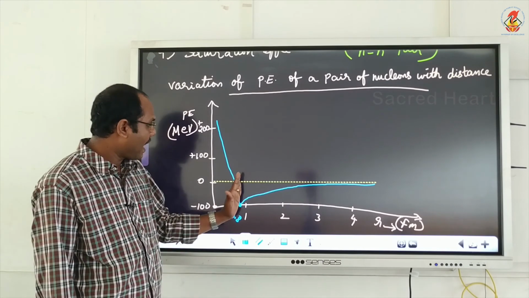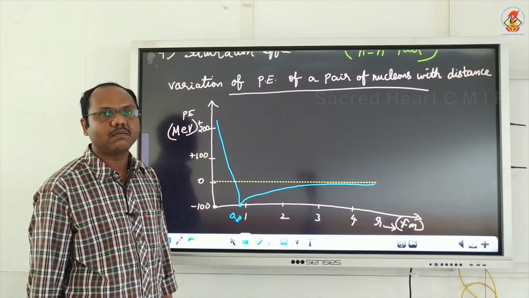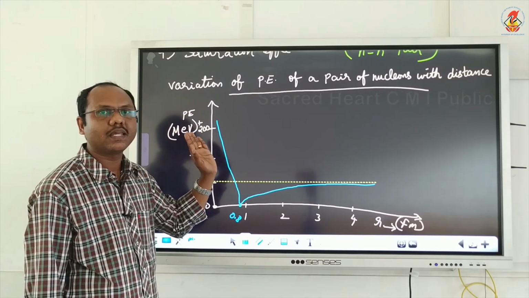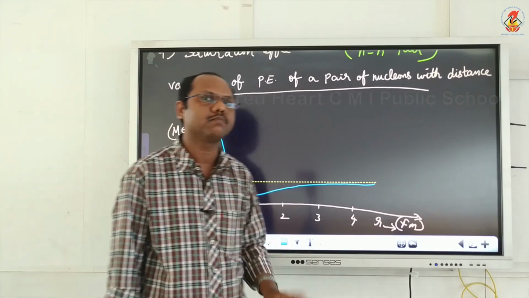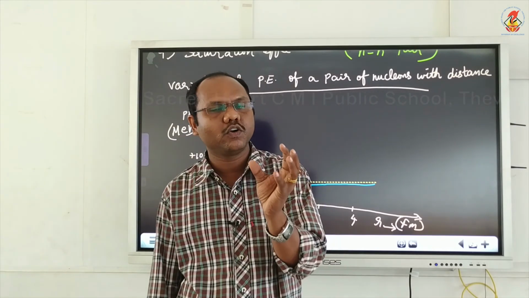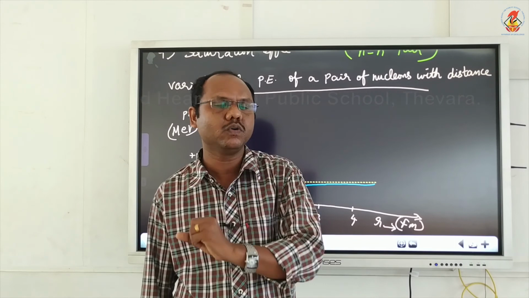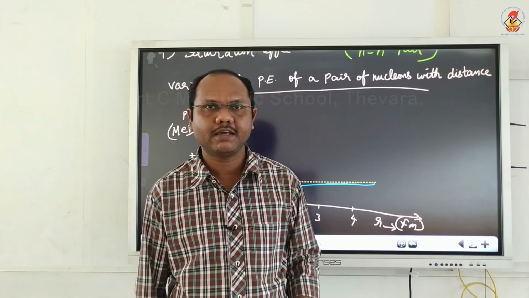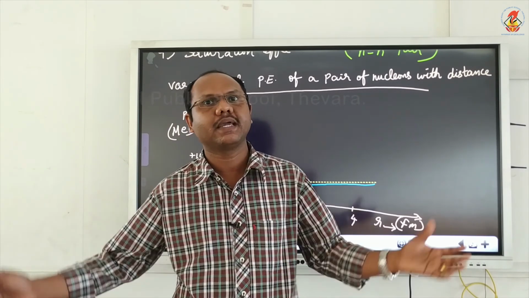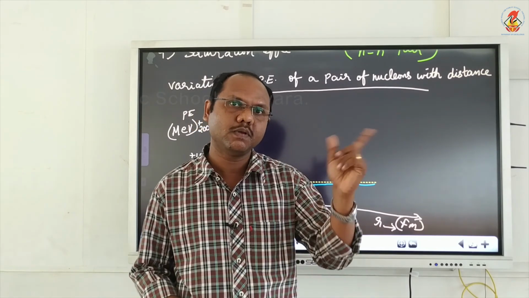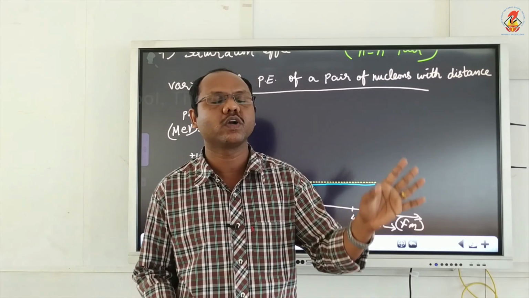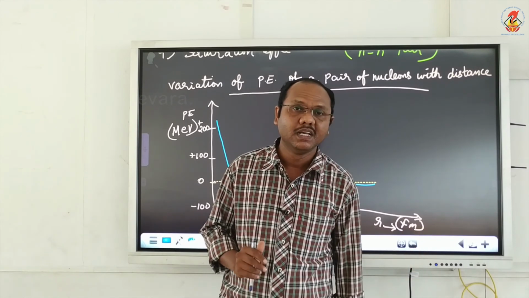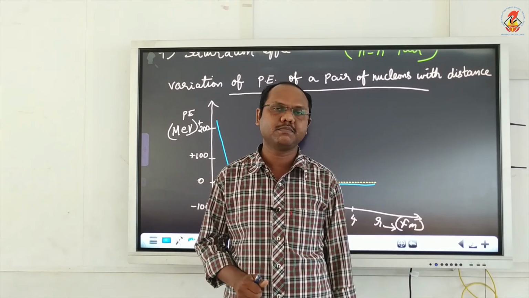And again, if they try to come closer, the force will be strongly repulsive, so that they can't come closer again. Every nucleon can come closer only up to 0.8 Fm. If they try to come closer than that, the force will be strongly repulsive, so that they cannot come. That is why the nucleus is stable.